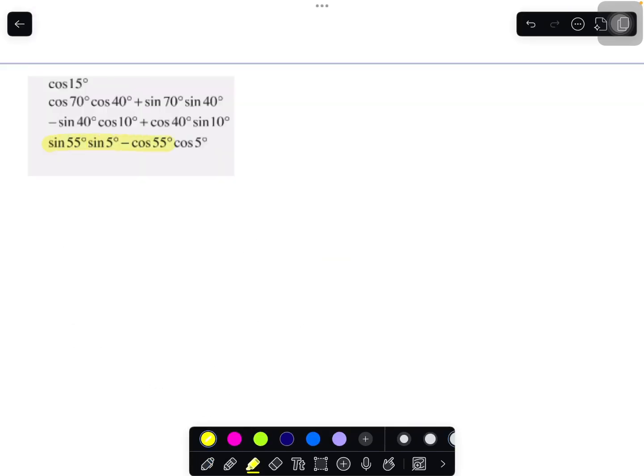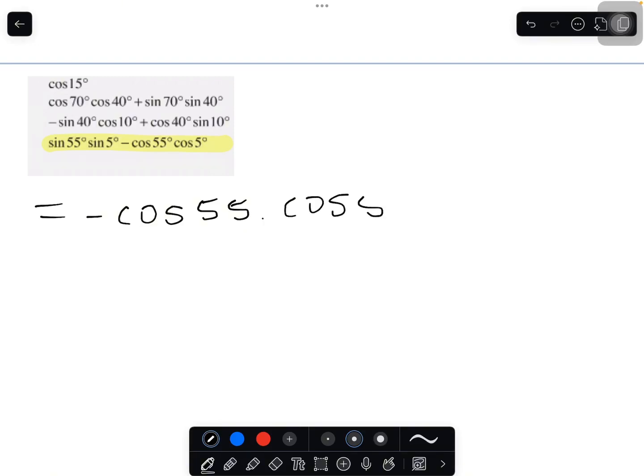On to this last question. So I have sine and sine and cos and cos. As I've told you guys earlier, you can correct this, because we normally deal with our cos first. So I have negative cos 55 times cos 5 plus sine 55 times sine 5.